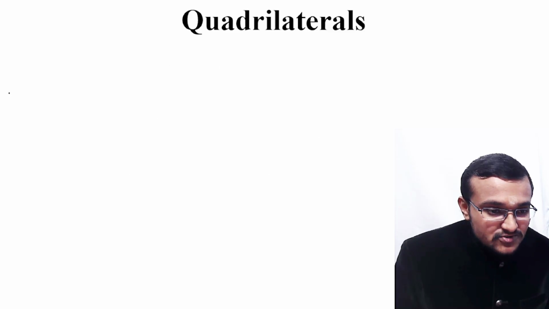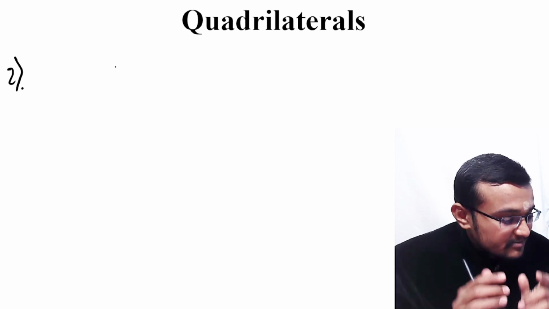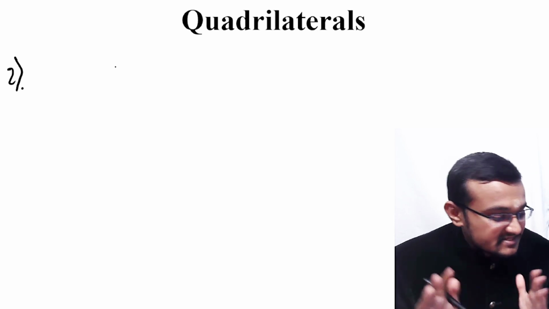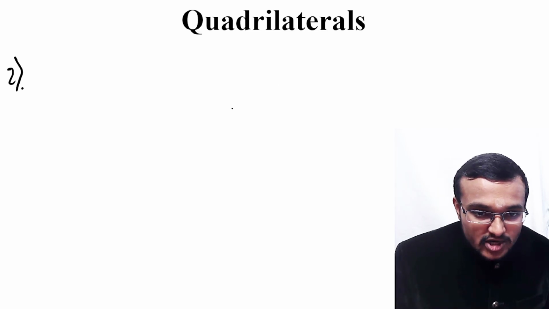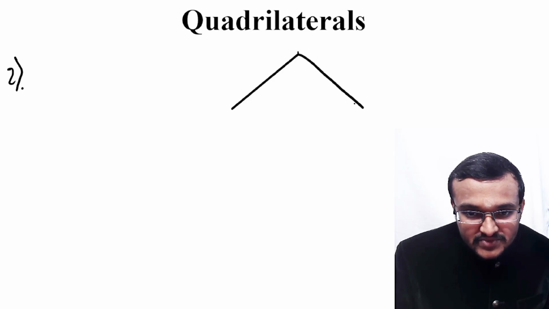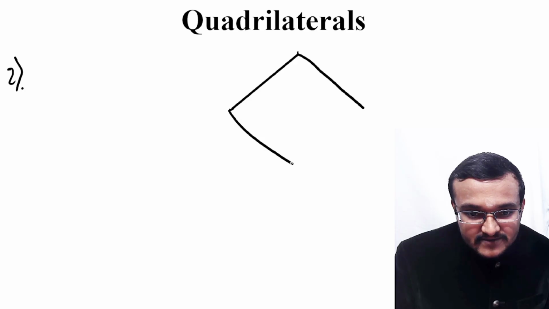In the second question, you have ABCD is a rhombus and PQRS are the midpoints of the sides AB, BC, CD and DA respectively. So now we have to draw a rhombus like this, which has all four sides equal to each other. In a rhombus, all four sides are equal.